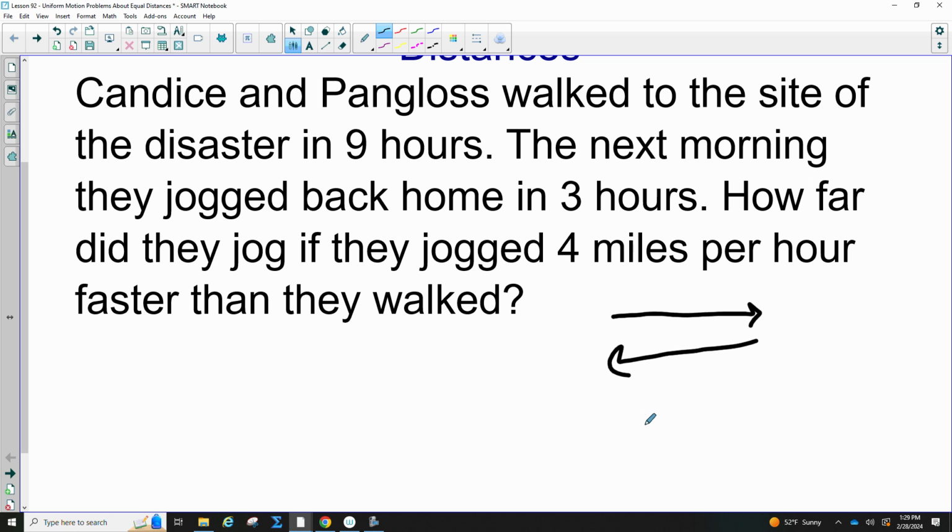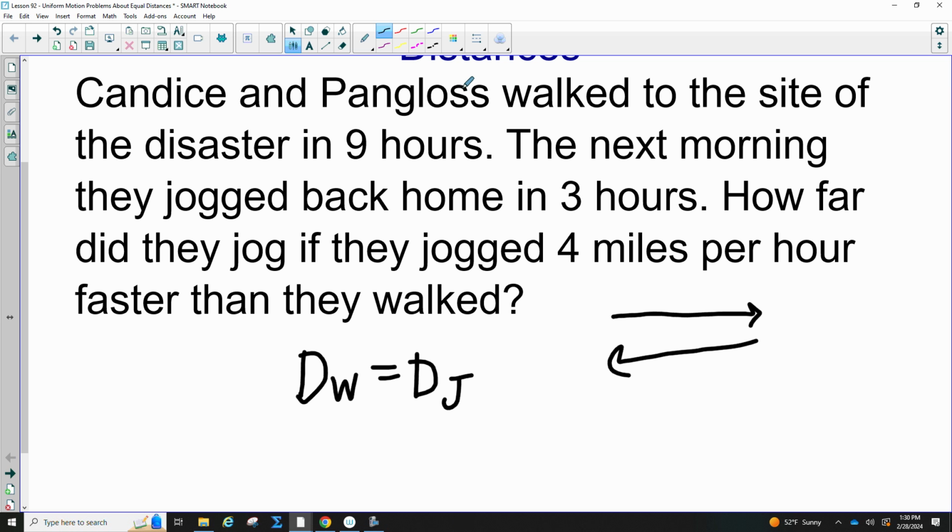They are equal, okay? So we want to start by just putting distance walking equals distance jogging. Your equations will always start D equals D today, okay? Equal distances. And then put a subscript that makes sense. You can keep track. So they walked there, they jogged back, okay?